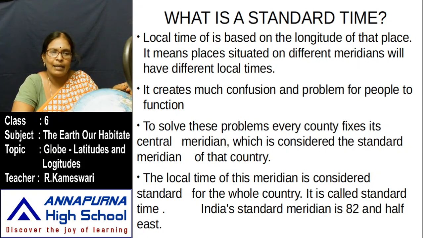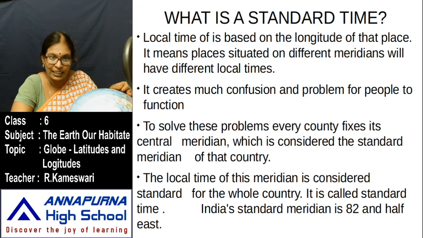The local time of this meridian is considered standard for the whole country. Some live in Himachal Pradesh, some in Gujarat, but all the people follow the same time. It is called the standard time.